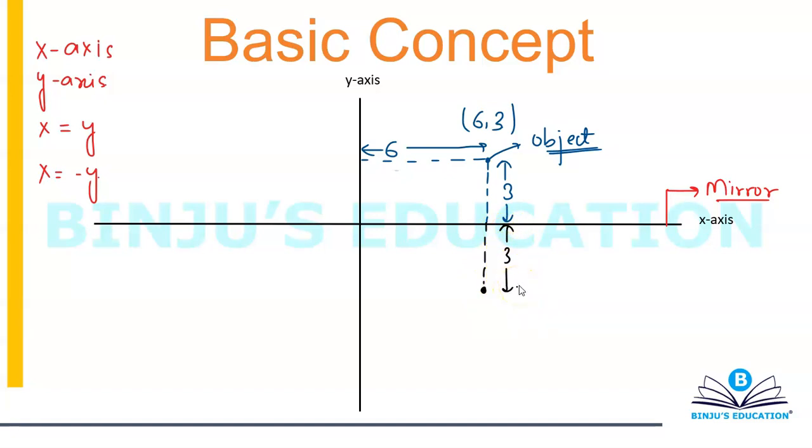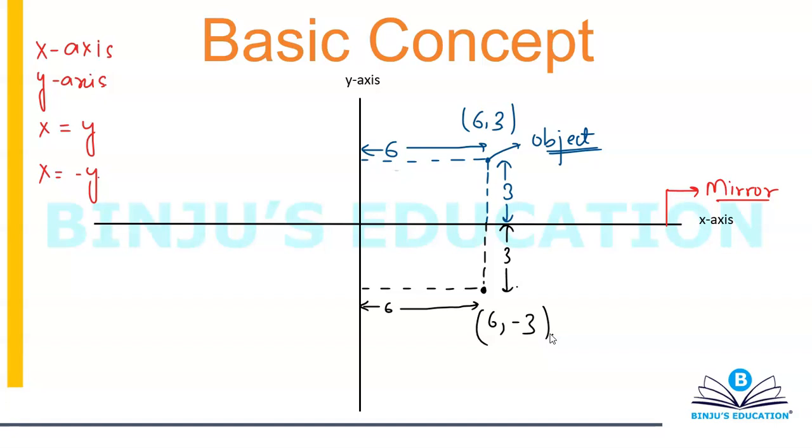And secondly, there is no lateral displacement, which means the distance of this point from y-axis will also be equal to 6 units. So the coordinates of this point will simply become 6, minus 3 because it's in the fourth quadrant. So x is positive but y is negative.